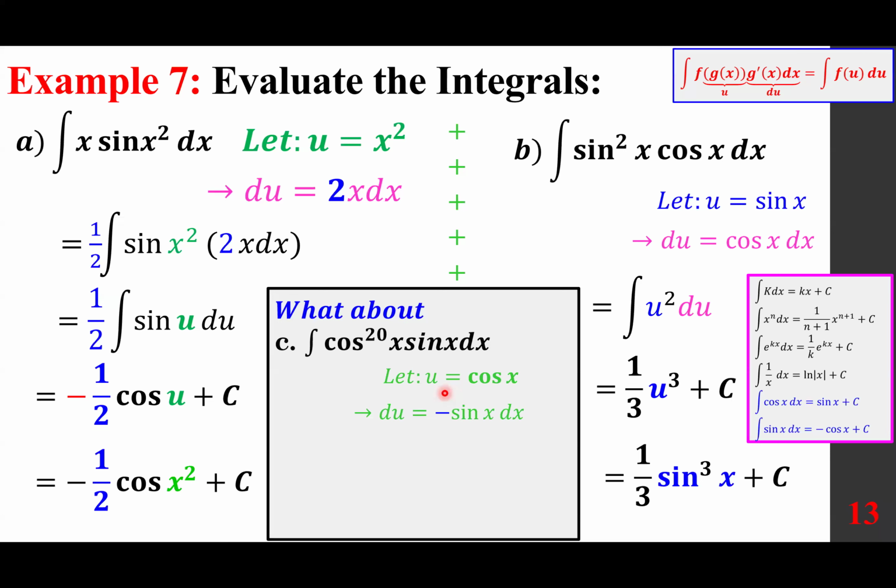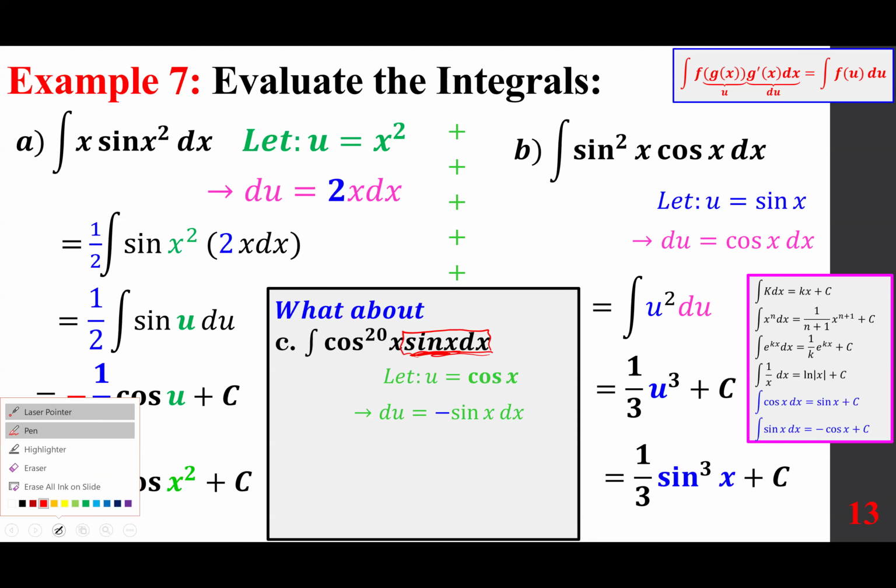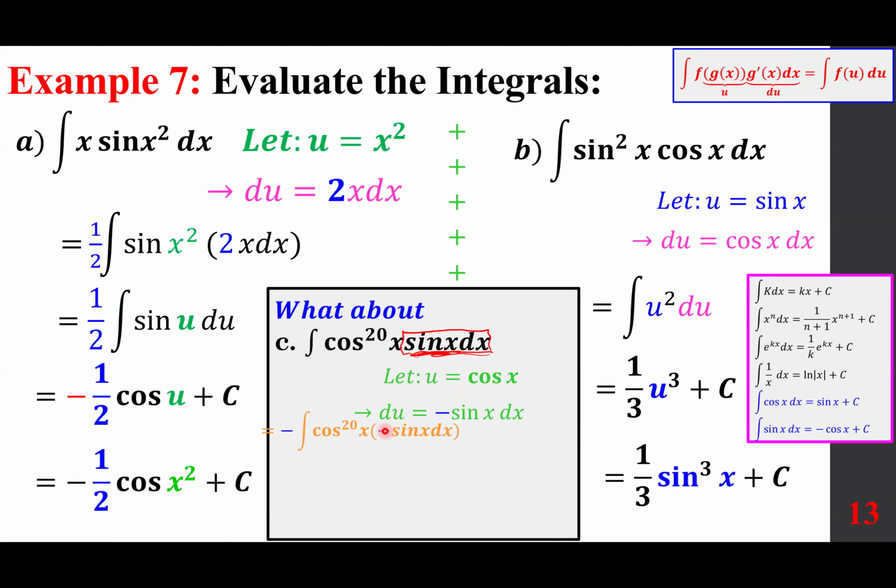And the method that I mentioned, this part would be du if it had a negative sign. It doesn't. So you can put a negative sign next to it and negative outside. The product of two negative signs is positive 1. So you put a negative next to sine x dx and you put a negative out.